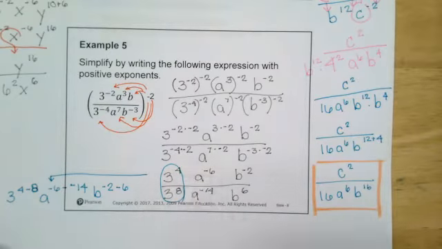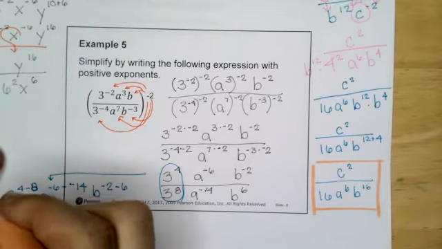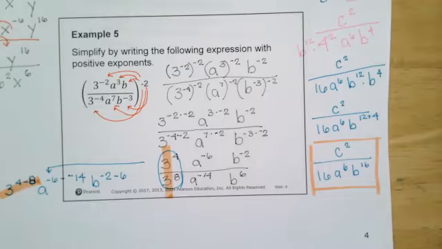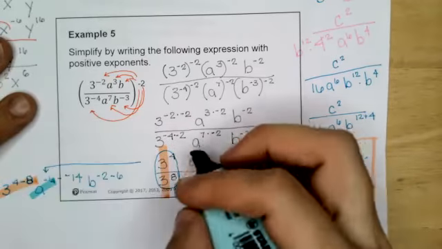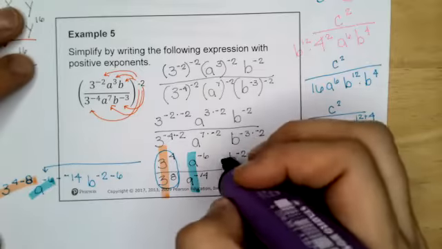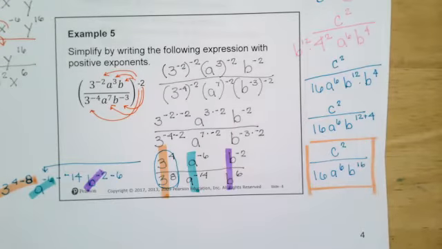Or you can move these. So that was the 3, because that's the same base, different exponents. And then we have our a, looks like that. And then we have our b, looks like that. You're going to get the correct answer.